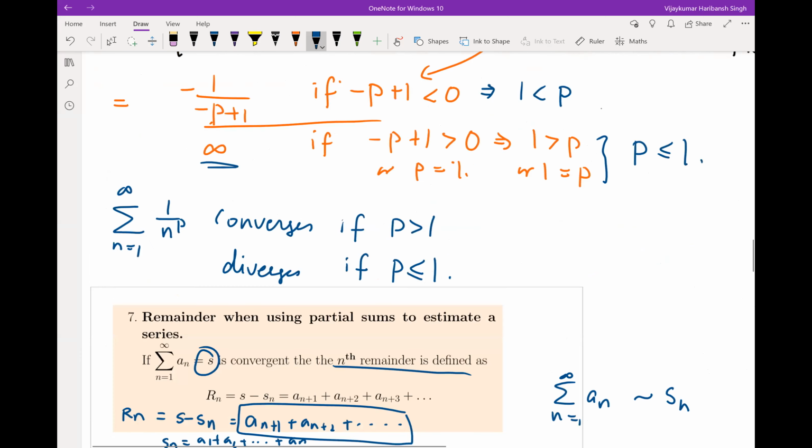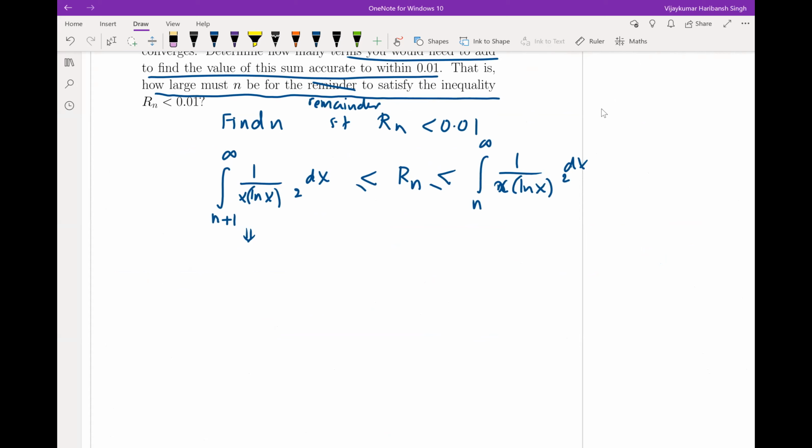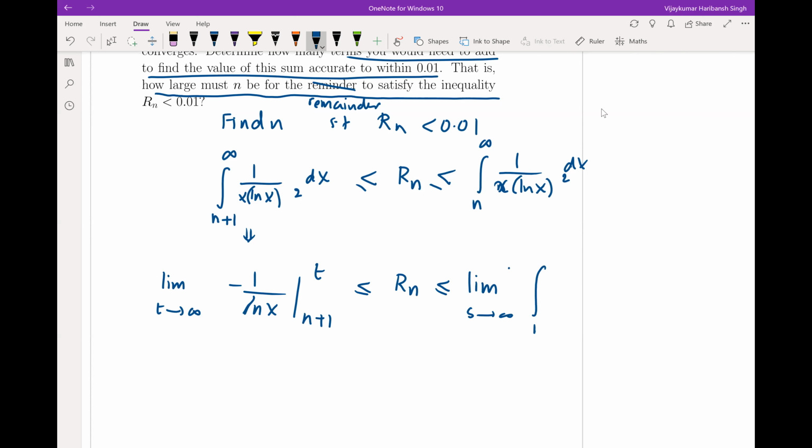So in this case, Rn is between these, with the limit as t goes to infinity of minus 1 by ln x, with limits from n plus 1 to t, and from n to s.